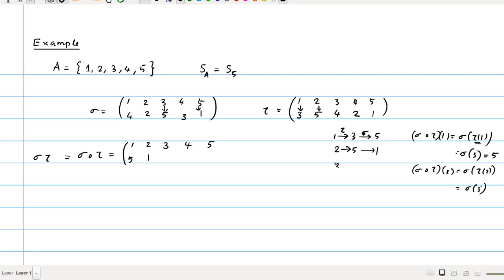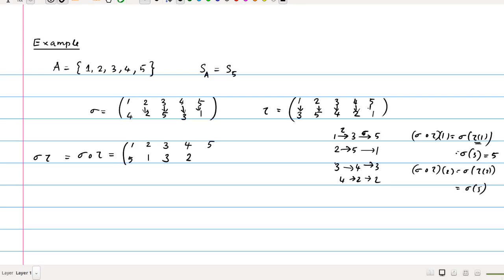Similarly, 3 is mapped to 4 under tau, and that 4 is mapped to 3 under sigma. So 3 goes to 4, that 4 goes to 3, so 3 is mapped to 3 itself. Similarly, 4 goes to 2, and that 2 goes to 2, so 4 goes to 2.